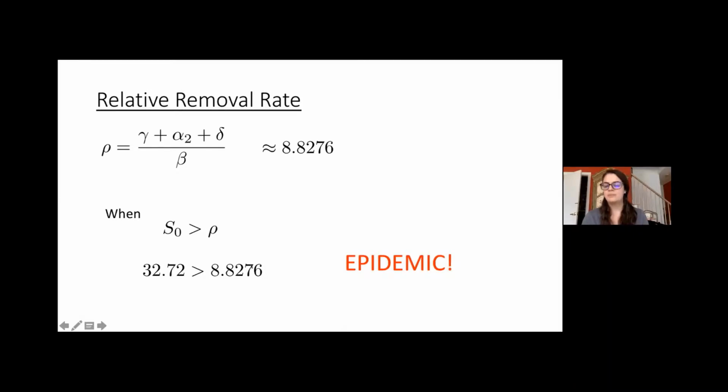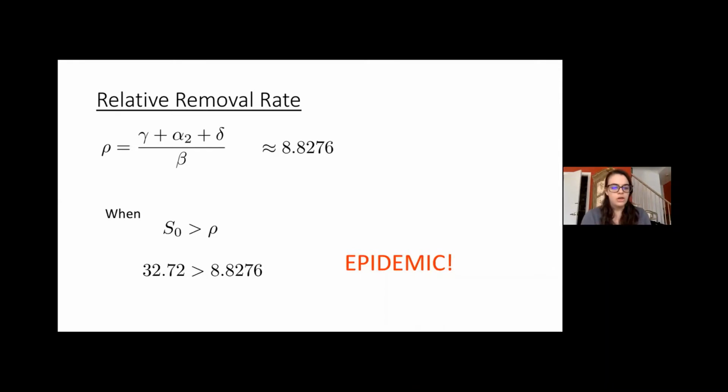Now, epidemic, mathematically, math bio speaking, just means that your infected population increases over the initial amount for some time t. So, right, the world thinks epidemic as in like everyone gets it, but mathematically, epidemic just means you will have an increase in the infected. So we can show why that happened for this case, because our S naught is greater than rho.